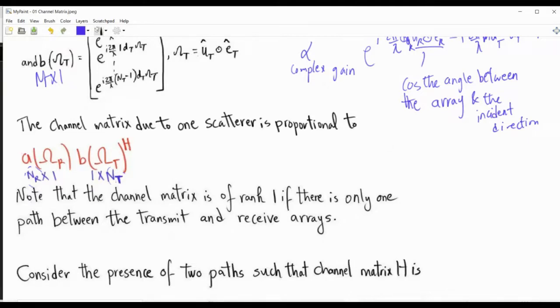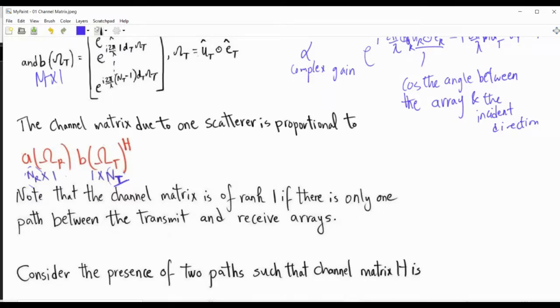Using many transmitters doesn't mean that you can reliably transmit NT data streams. Things will depend on the rank of matrix H, and the rank is not just NR and NT. It depends on NR, it depends on NT, and then it depends on how many scatterers there are, and other things that we'll talk about.